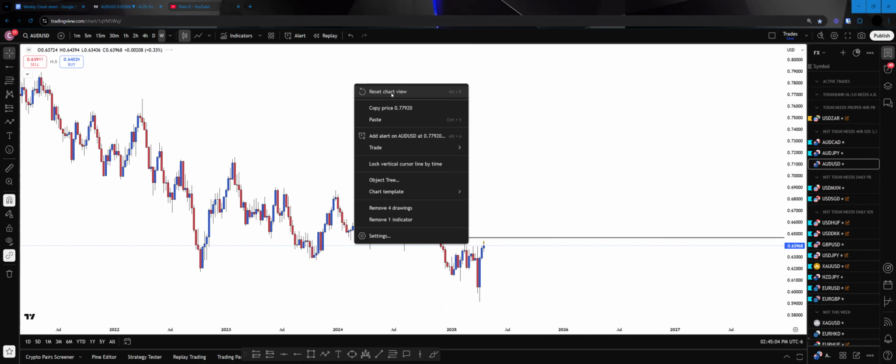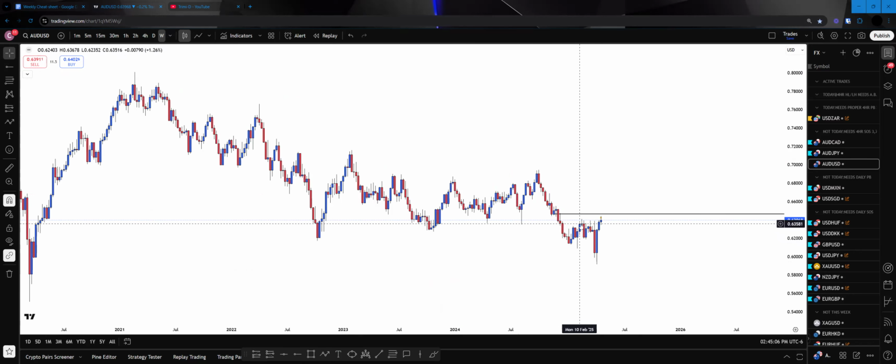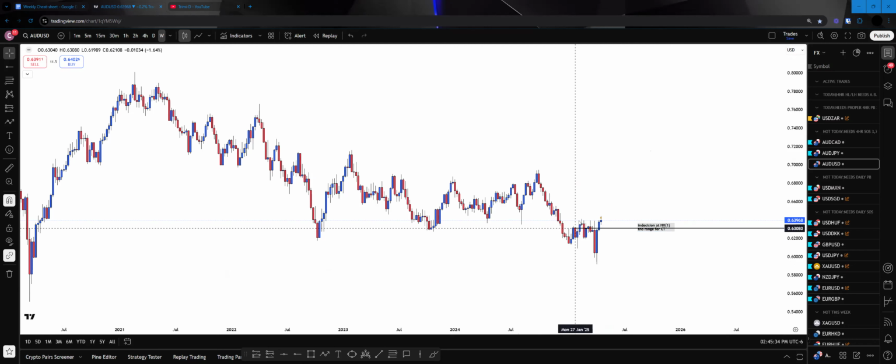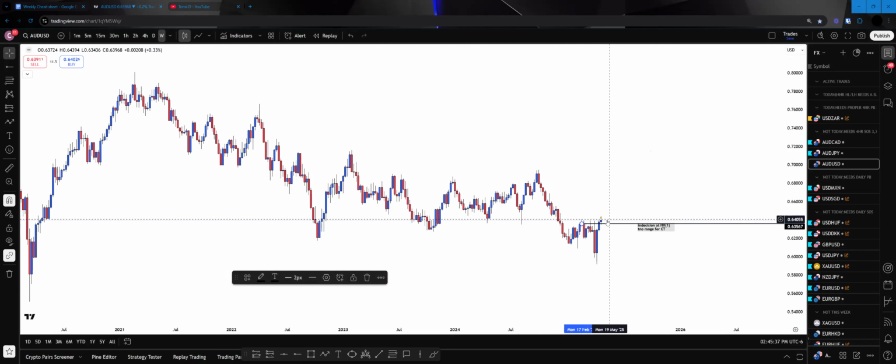AUD USD, weekly shifted structure, indecision at the higher high, I'm not interested. That's basically the weekly indecision there. You can't buy with an indecision, you can't sell with that. So not interested.